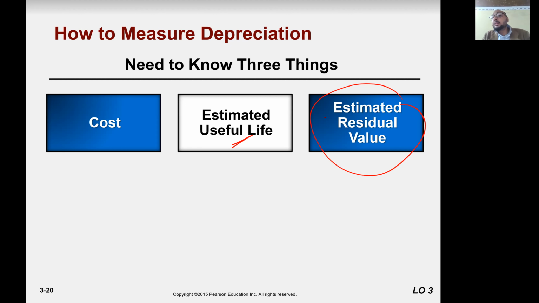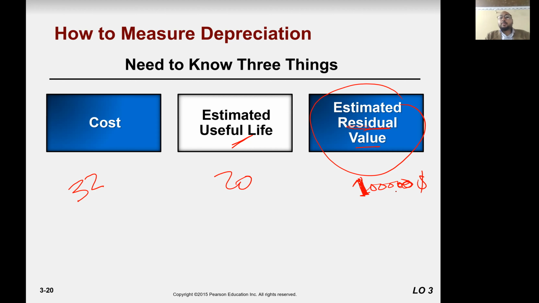And what would be the residual value after 20 years? If you want to sell it for scrap value, the residual value means scrap value. So it would sell for, for example, 100,000, because this is just a bunch of iron, and iron is not worth more than $100,000.